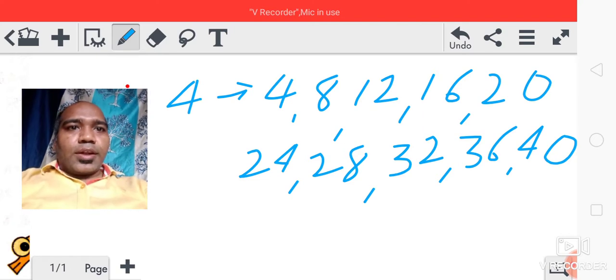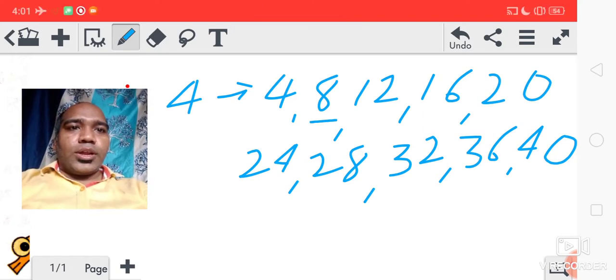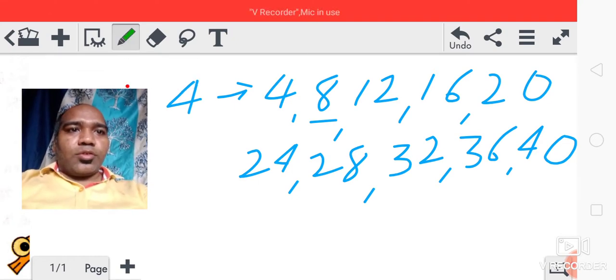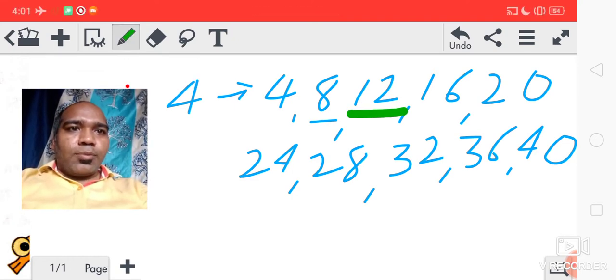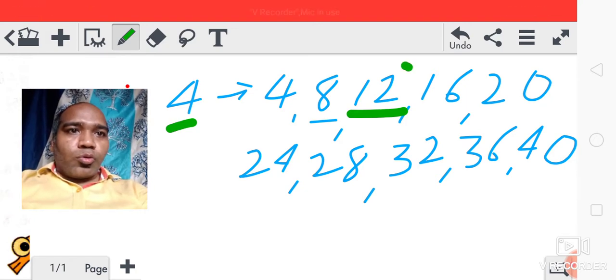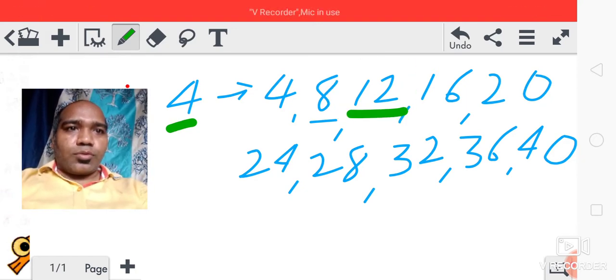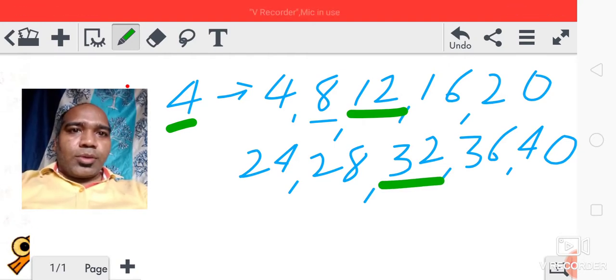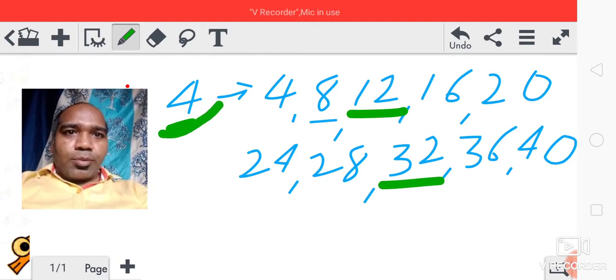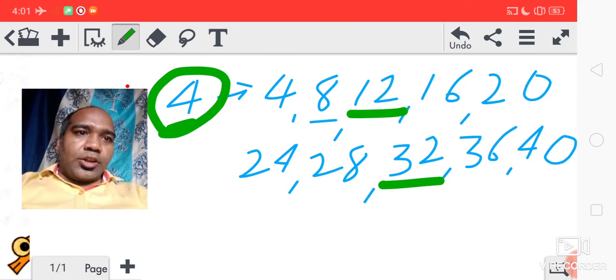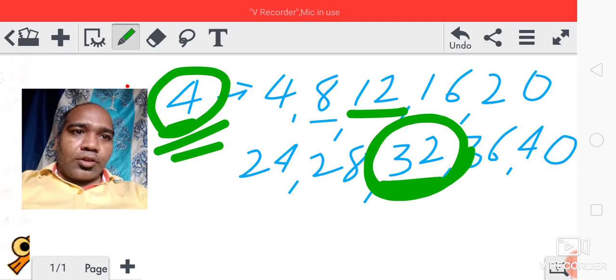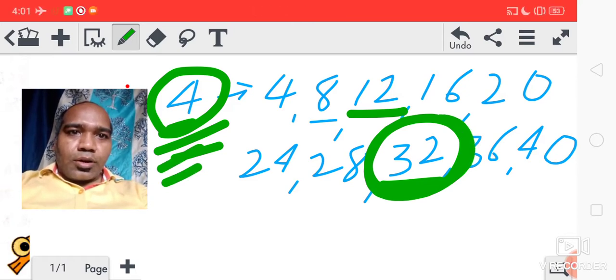In the table of 4 we get 8, so 8 is a multiple of 4. If I ask you about 12, 12 comes in the table of 4, so 12 is a multiple of 4. Then 32, is it a multiple of 4? Yes, 32 comes in the table of 4, so 32 is a multiple of 4.